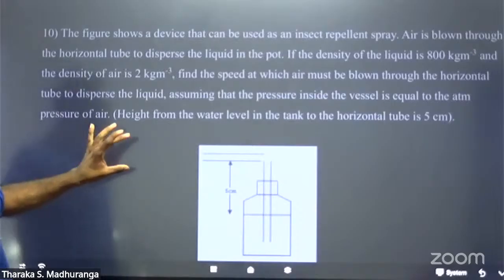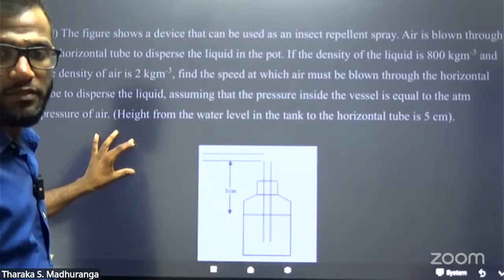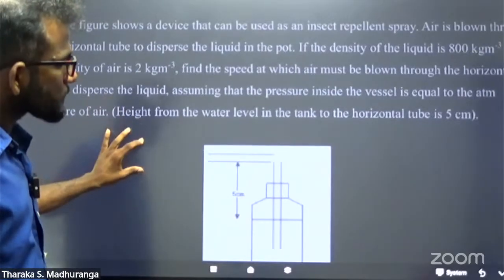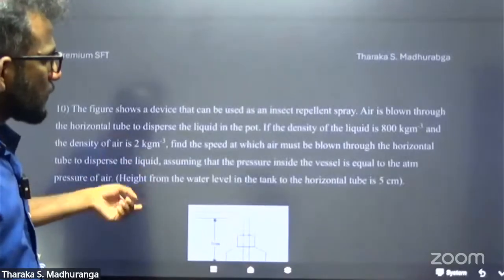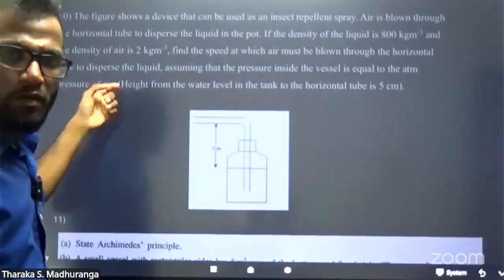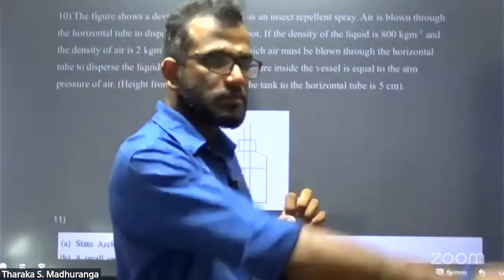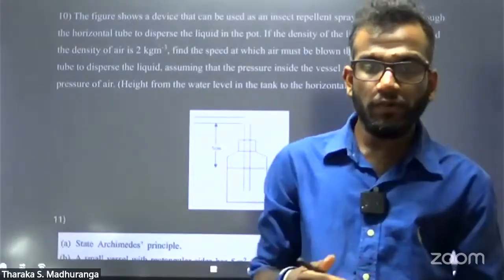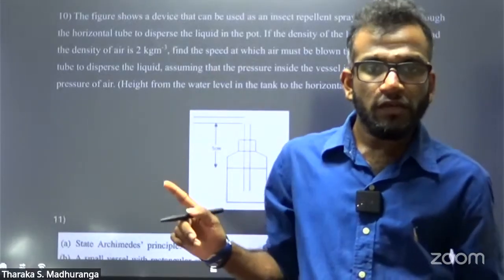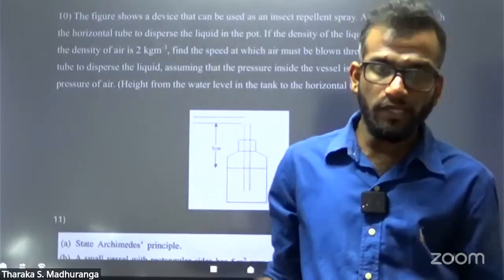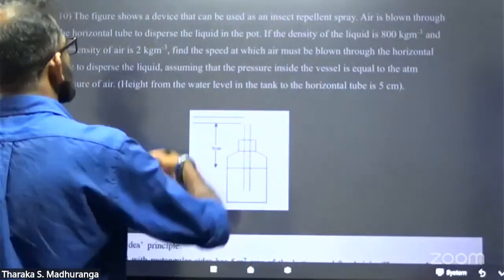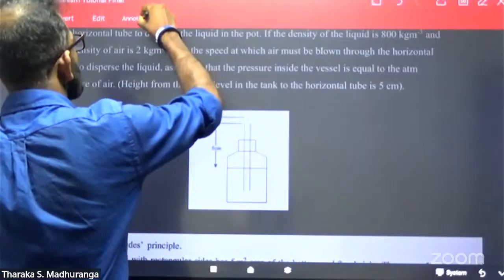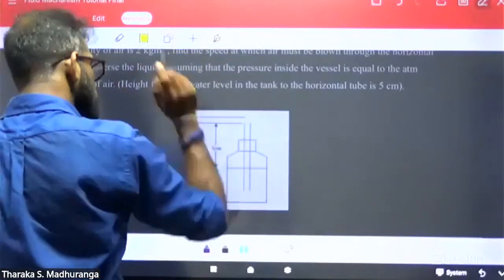Okay, first of all, you need to understand the question. That is a spray machine. Before going to the question, you need to understand how it is working. I think you already know; in the lesson we discussed the working principle of the spray machine according to Bernoulli's theorem.